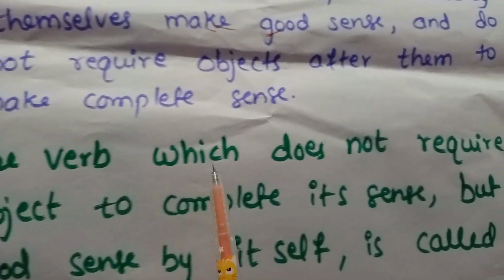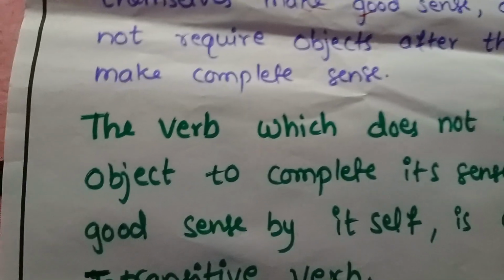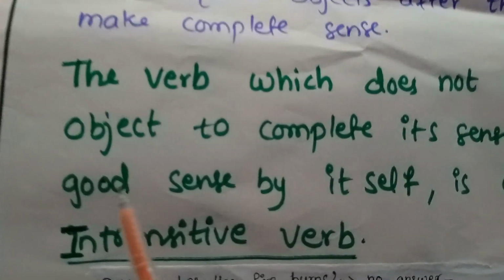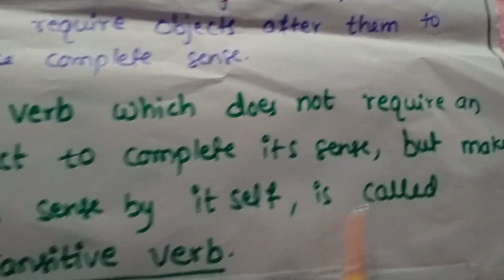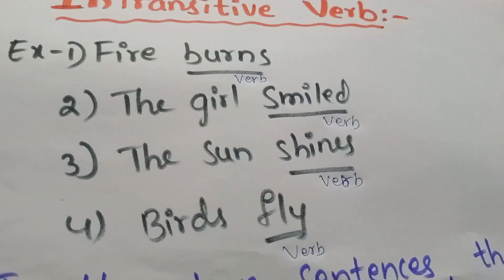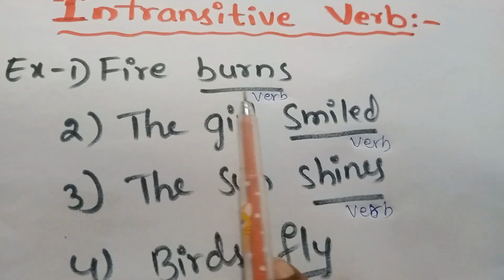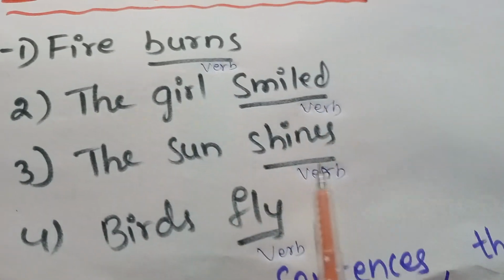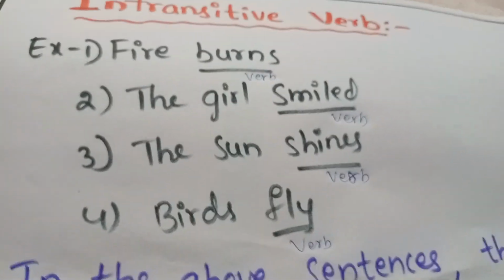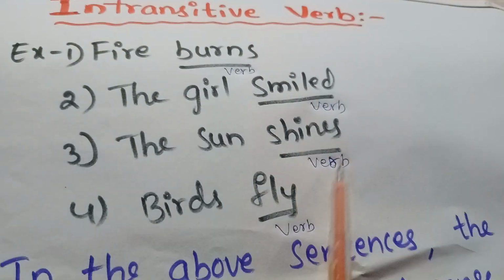The verb which does not require an object to complete its sense but makes good sense by itself is called intransitive verb. See here, burns, smiled, shines, fly, all are verbs. These are all intransitive verbs.